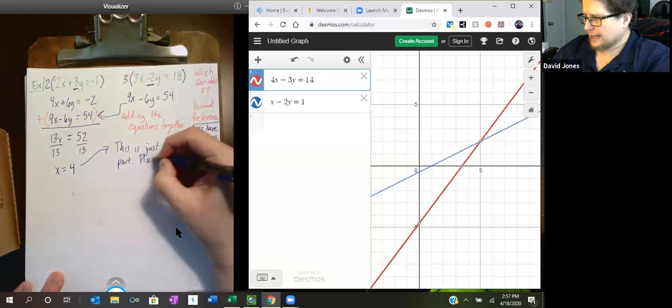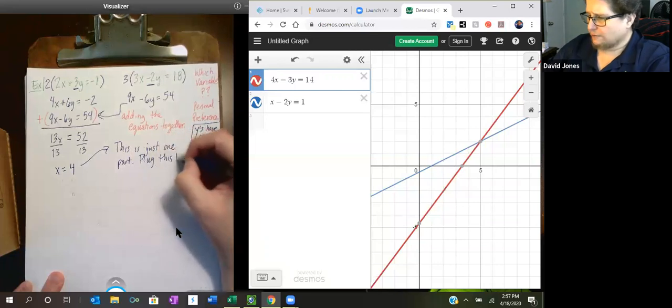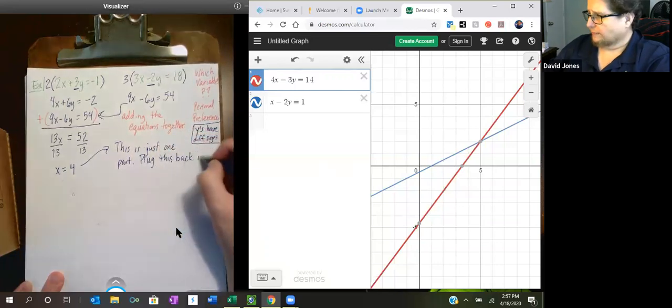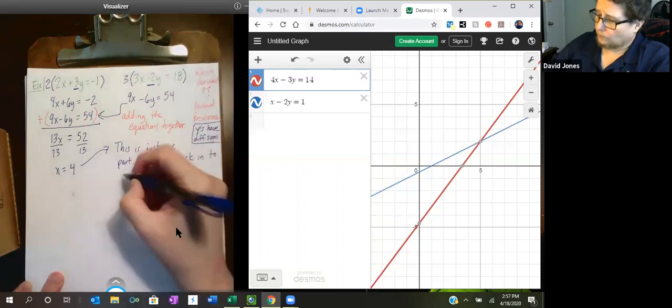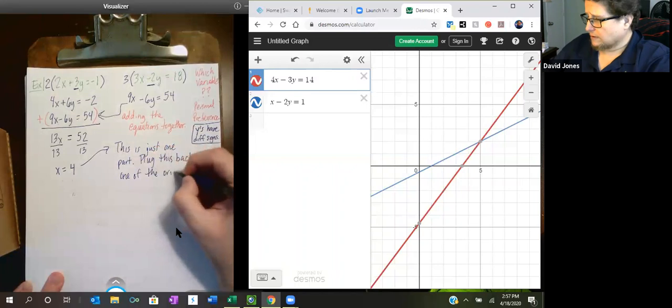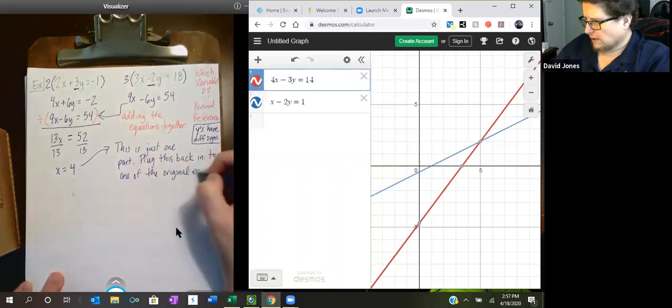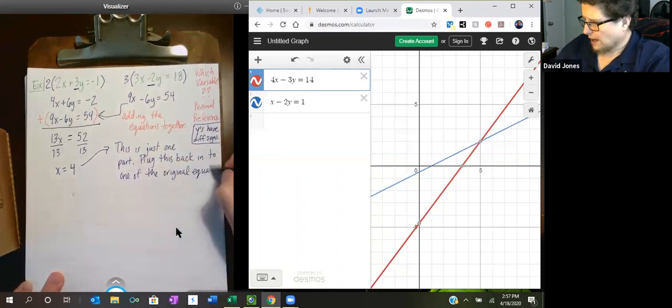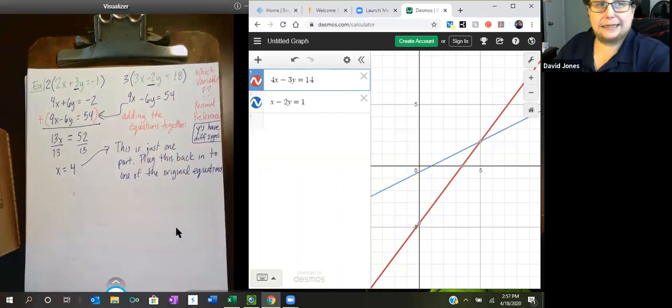Plug this back in to one of the original equations. I tend to plug it in where it looks like the math is going to be easiest. So which one is it going to be easiest on?